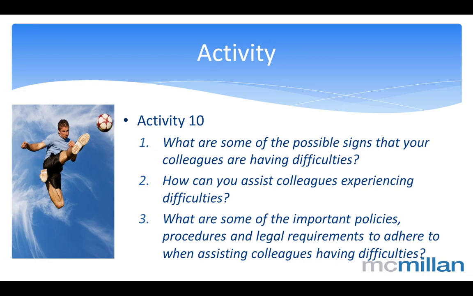How can you assist colleagues experiencing difficulty? Well, we can always assist our colleagues through things such as coaching and mentoring that we talked about, buddying up, sharing information that I've been talking about throughout this unit, and that information might be providing advice, as we just mentioned, or it can be things such as pointing them in the right direction for policies and procedures. Which then leads on to the third one. What are some of the important policies, procedures, legal requirements to adhere to when assisting colleagues having difficulties?